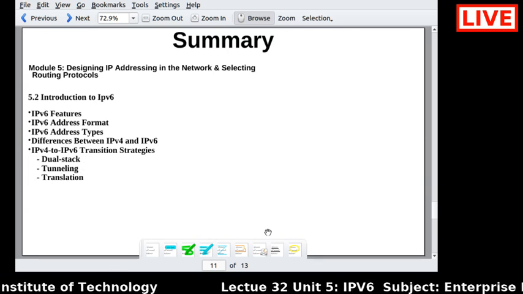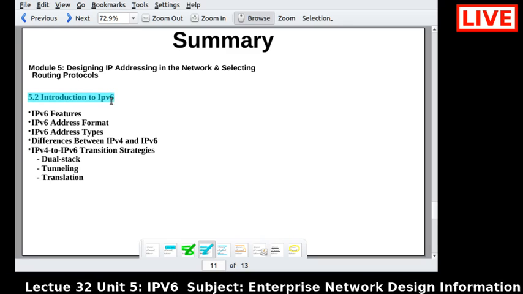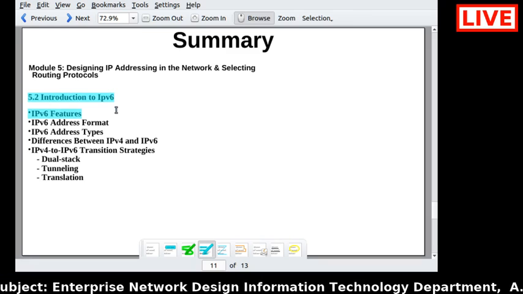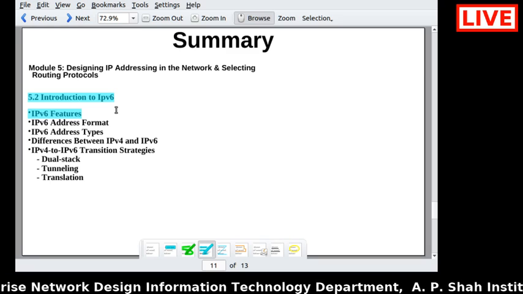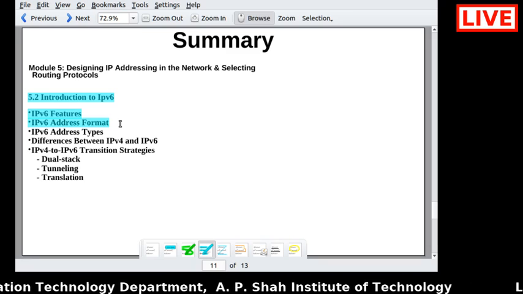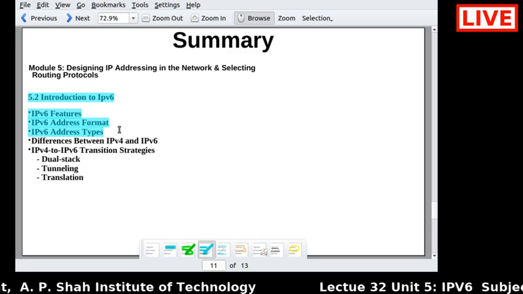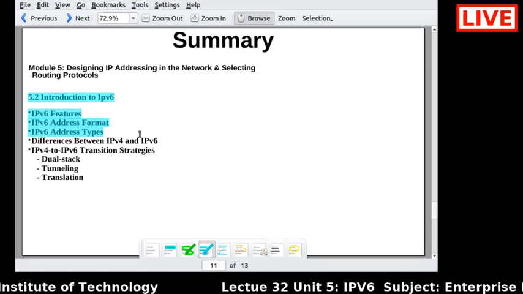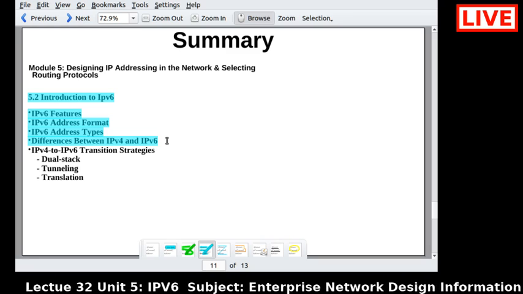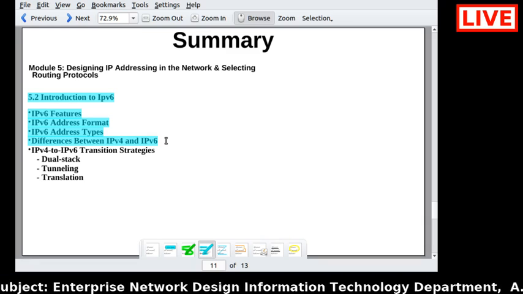So what have we studied today, right? We have discussed the introduction to IPv6. In that, we first discussed the IPv6 features, right. Then we saw the IPv6 address format. Then IPv6 address types we also discussed. We compared IPv6 with IPv4, right, the different bit lengths, and how the header formats are, all those things we discussed.